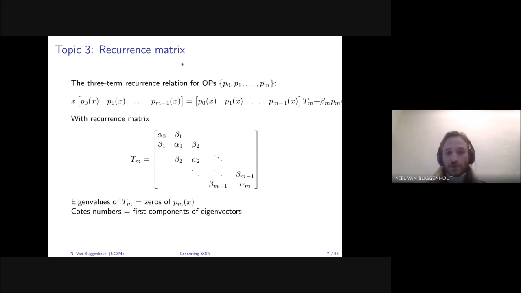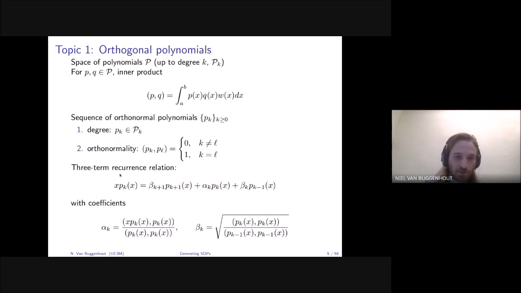are recurrence matrices, so structured matrices of some type. The three-term recurrence relation for orthogonal polynomials can be written as follows. So if we go back to this three-term recurrence, this is for the kth degree polynomial, and by multiplying on the left with x, we generate k plus 1.